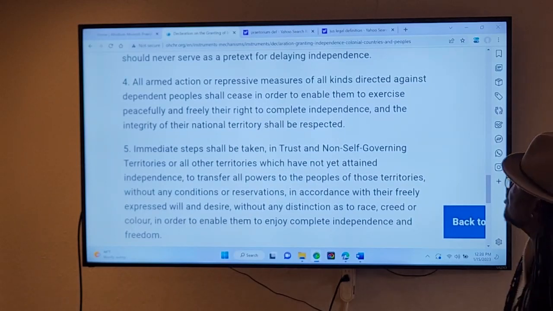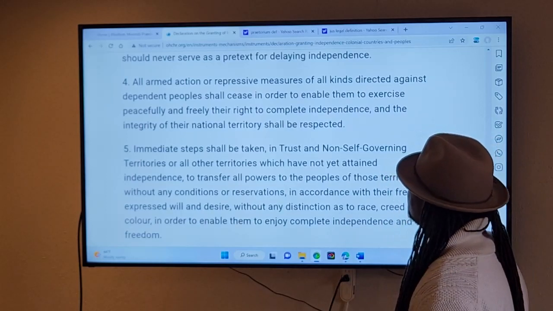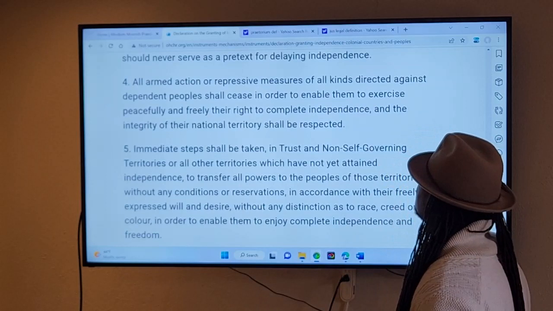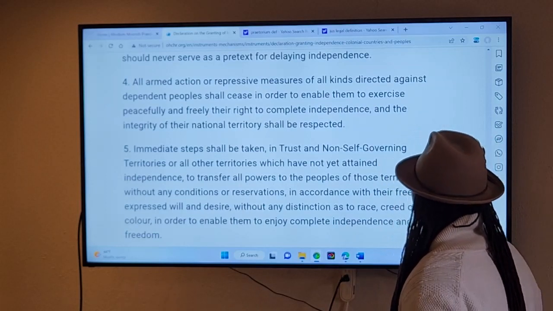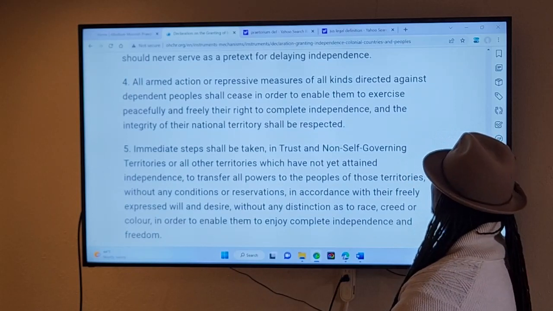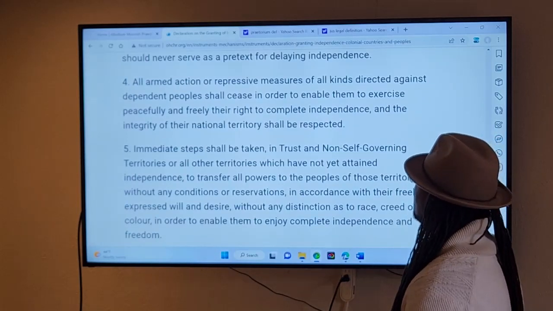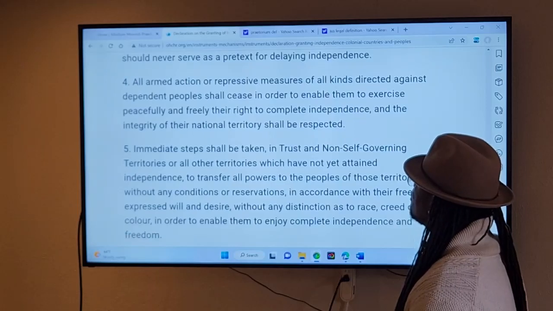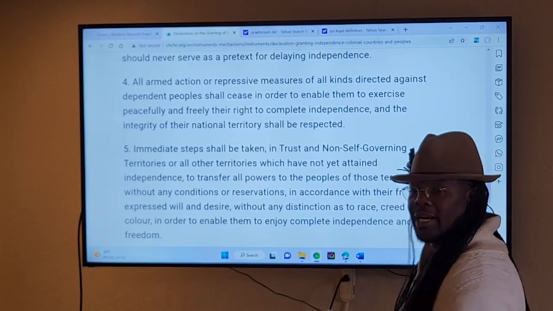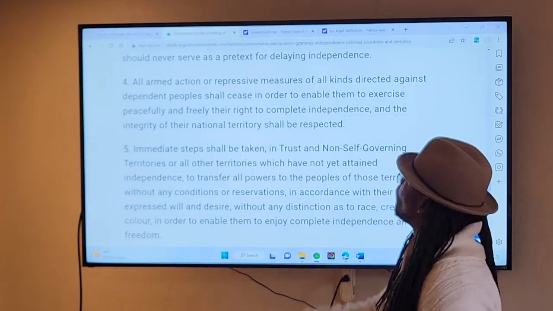All armed action or repressive measures of all kinds directed against dependent peoples shall cease in order to enable them to exercise peacefully and freely their right to complete independence, and the integrity of their national territory shall be respected. So we've claimed our jurisdiction under Udi Pasade's juris, correct? True peace.